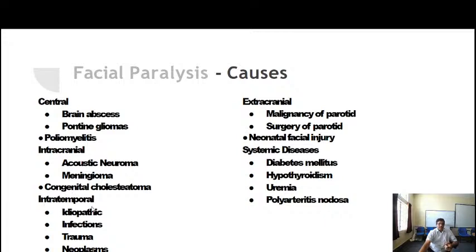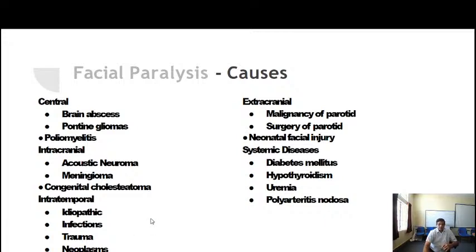Now the intratemporal are the ones where there may be trauma, a head injury, or it may be a surgical trauma when you are doing a stapedectomy, or a mastoidectomy, or cholesteatoma surgeries.